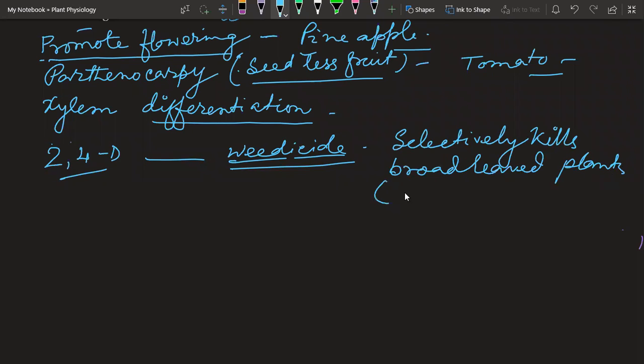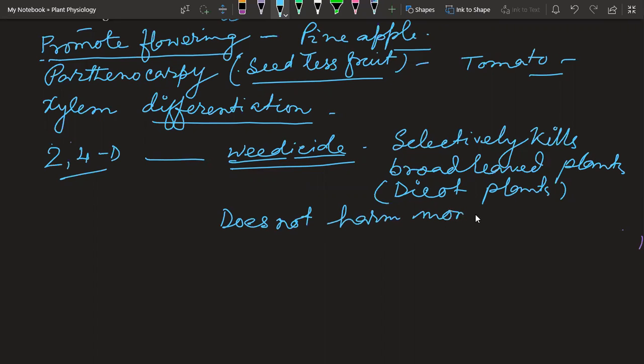Broad-leaf plants means dicot plants. It does not harm monocot plants.